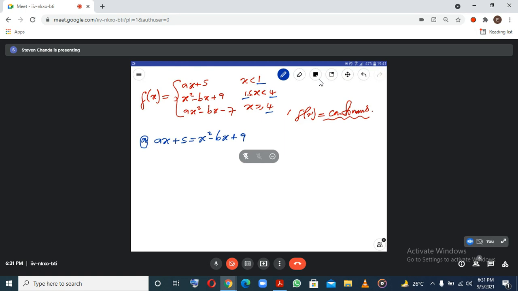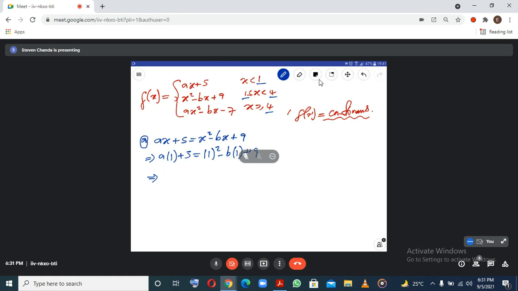So let's plug in 1. You plug in 1 in this, you're going to have a times 1 plus 5, then you plug in 1 in the other one. Great, so what are we going to have?